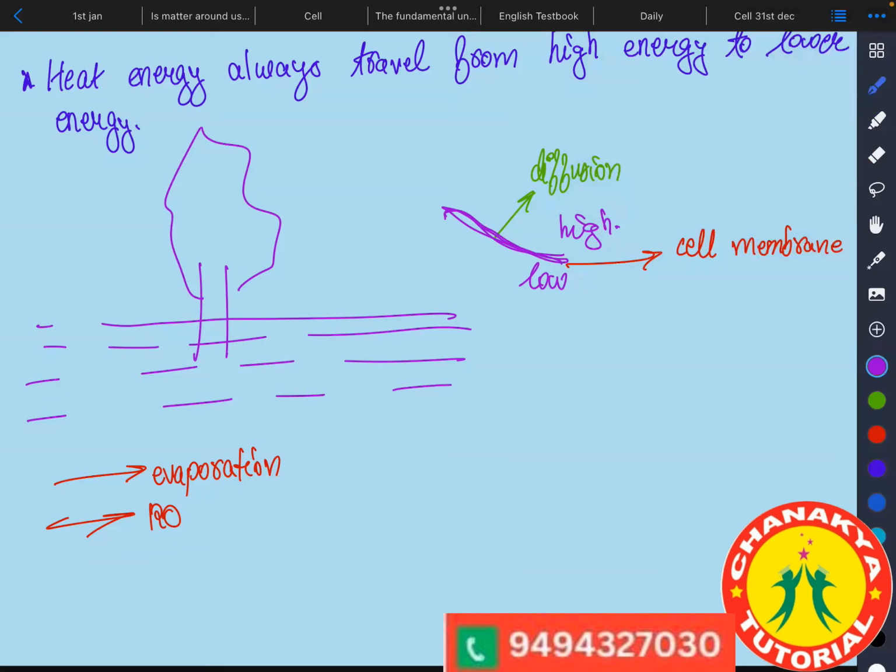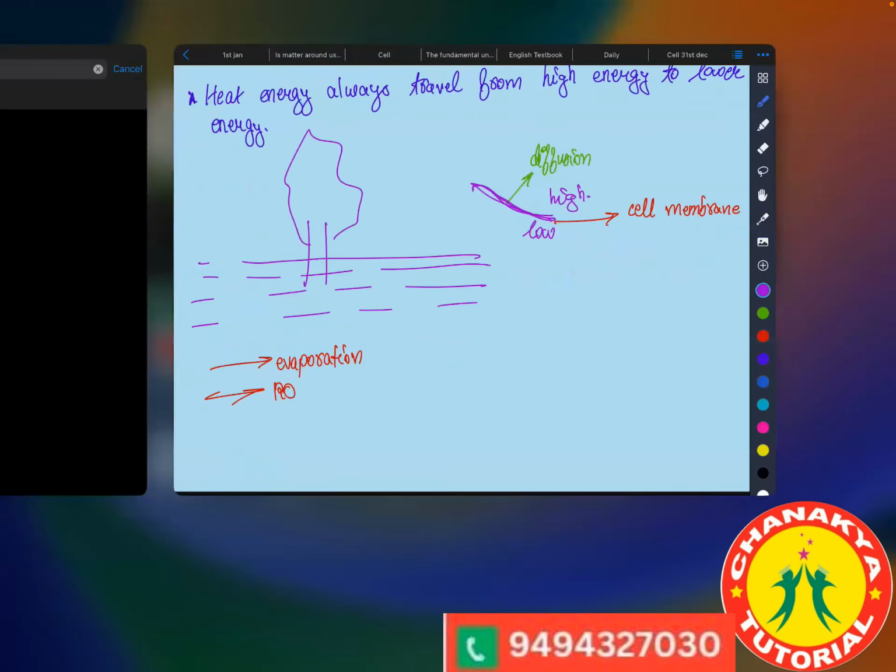So the plants in the land area absorb water. They take water with the help of underground water. Inside the land there is also underground water. So the roots of the plant take that water through diffusion and use it in its processes.